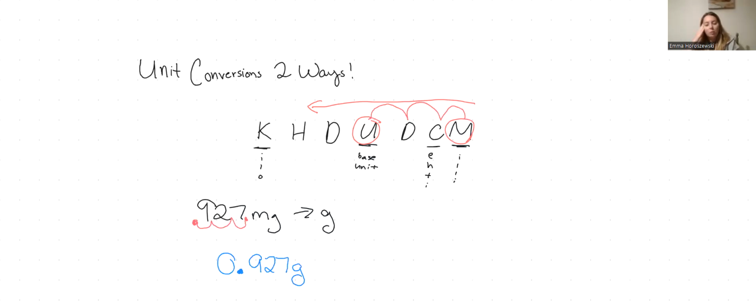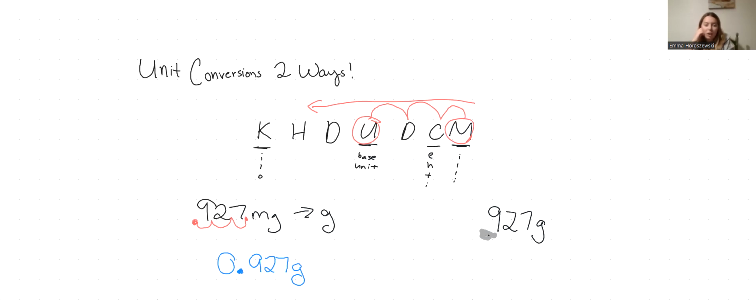This leading 0 is super important because hypothetically, what if I were working in the lab and I just wrote really quickly 927 grams? Do you know that there's a decimal in front of that number? Can you really see this little guy right here? Barely.